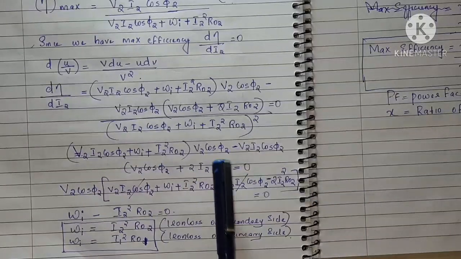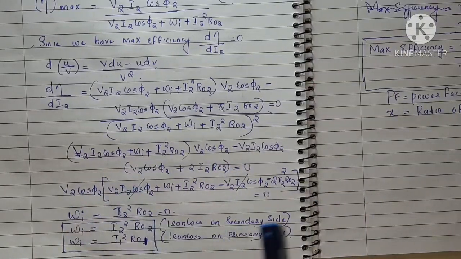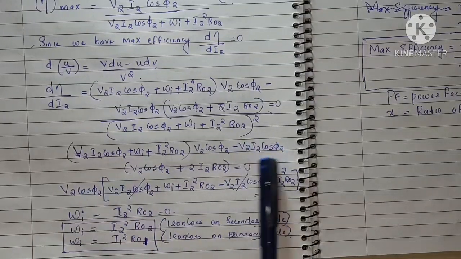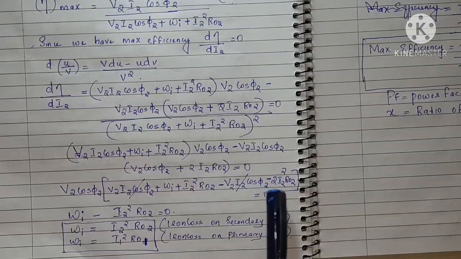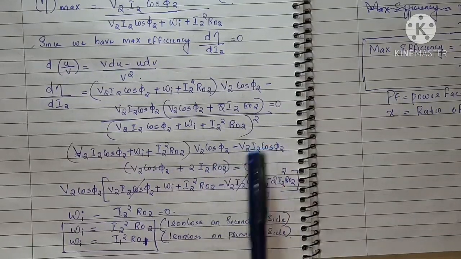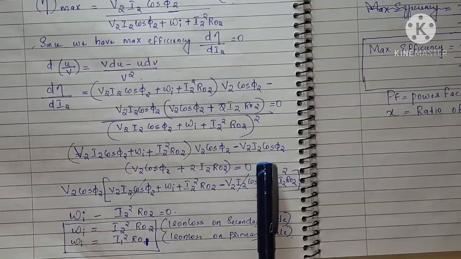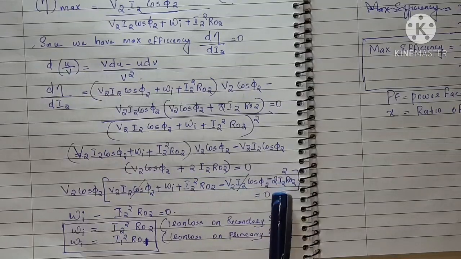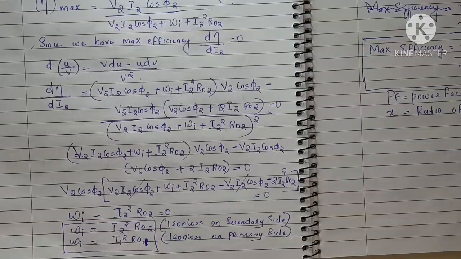From the second term also V2 cos φ2 is taken out, so minus V2 cos φ2 taken out, remaining as V2 I2 cos φ2 plus, minus becomes minus. From this V2 cos φ2 is taken out, remaining as I2, and this I2 makes 2 I2² R02, equal to 0. Cancelling these two terms, we will get, and V2 cos φ2 by 0 means 0.